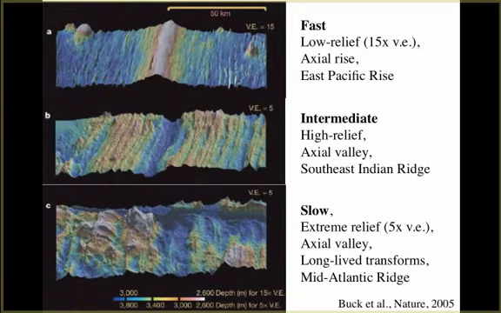Compare that to a slow ridge system like the Mid-Atlantic Ridge, where we see the opposite, extreme relief. This is 5 times vertical exaggeration. We see an axial valley, and we also see long-lived transform faults above this line.